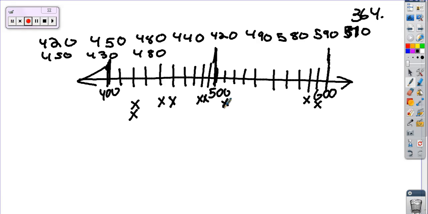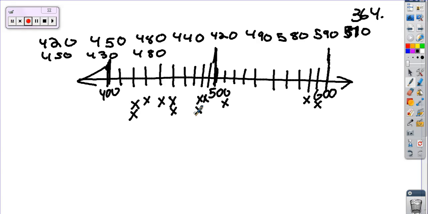We have a 510, which is right there. We have a 450, 10, 20, 30, 40, 50. We have a 430, and we have another 480. That's my line plot. Done. All right? Make sense so far? Yep. All right.